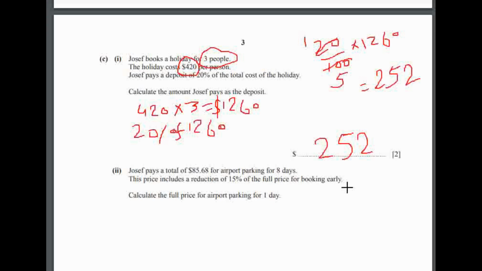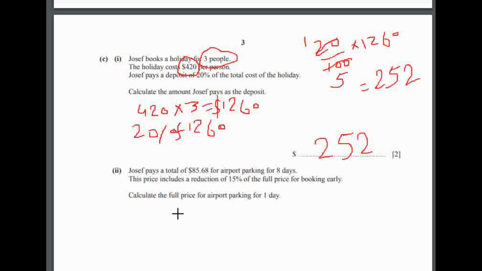First we find the full price for the 8 days, then we will divide by 8 to get the full price for 1 day. Now this is a reduction of 15%, so I will subtract 15% from 100, which is 85, so this number is 85% of the full pay.